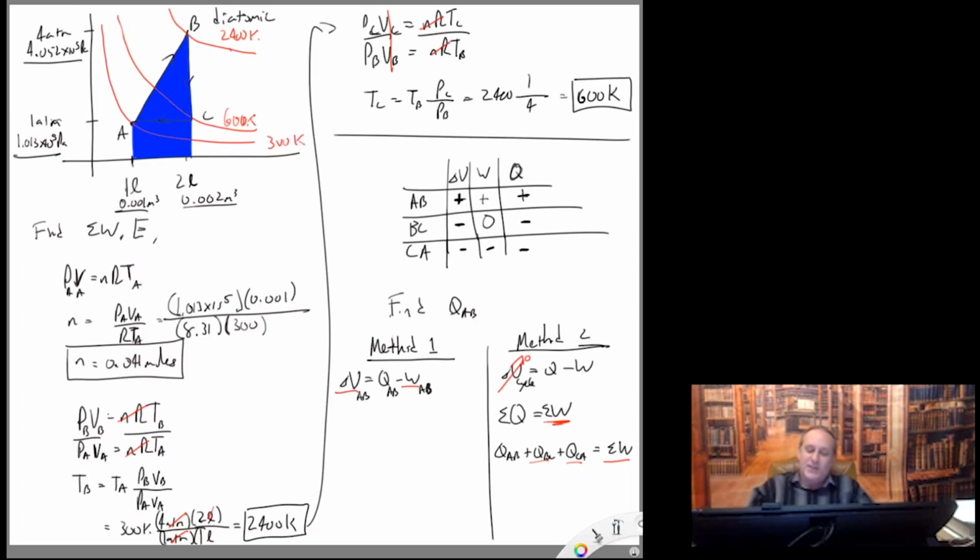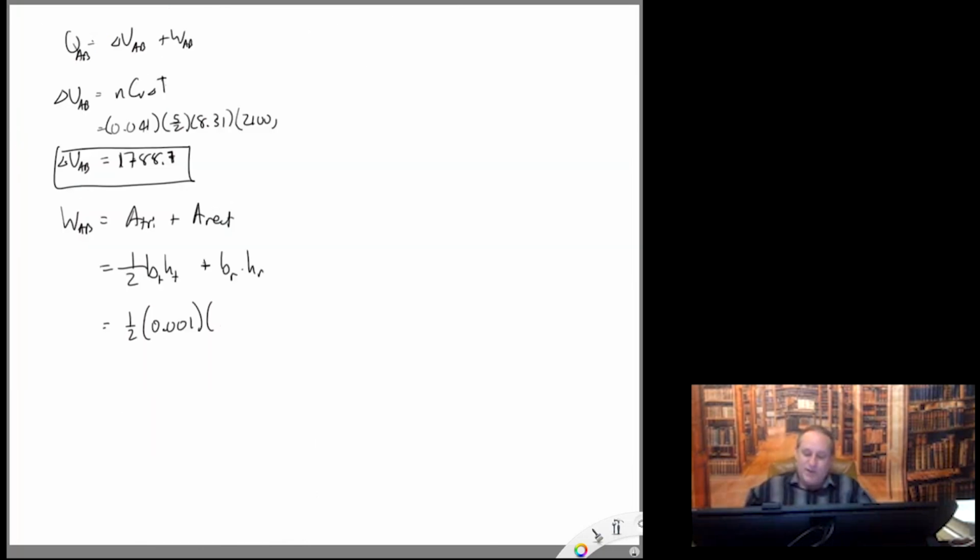And the height, we're going from 1 atmosphere up to 4, so it's a height of 3 atmospheres. Or the difference between 4.052 times 10 to the 5th and 1.013 times 10 to the 5th is 3.039 times 10 to the 5th.